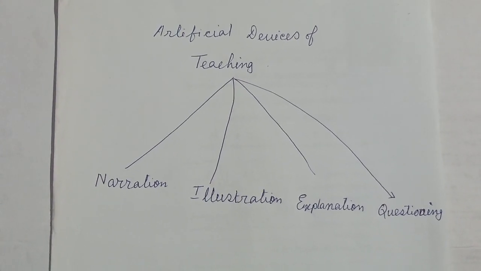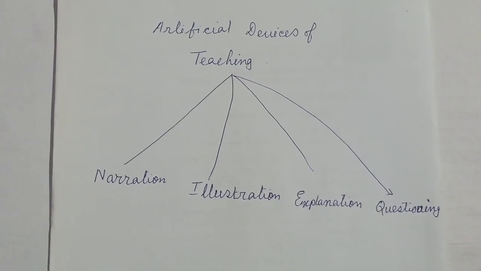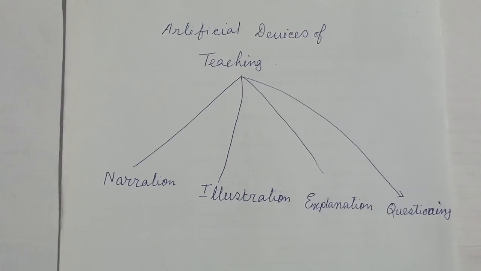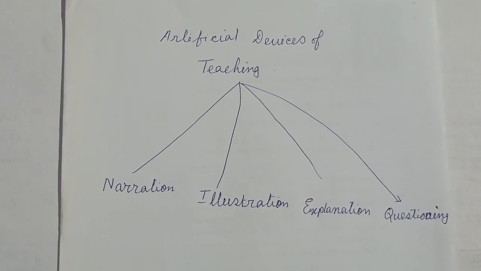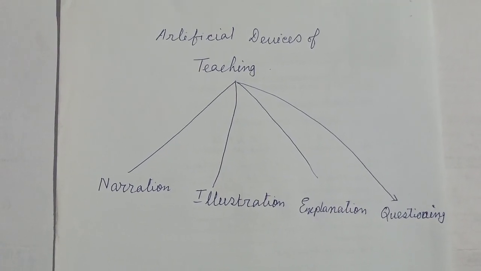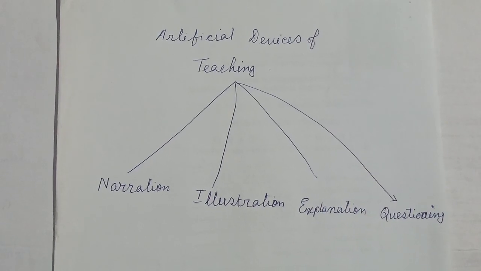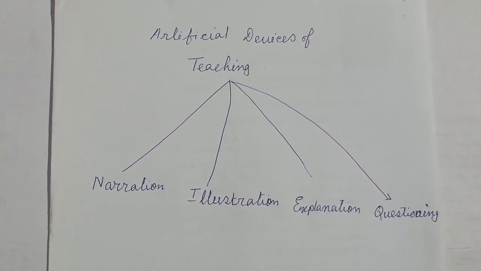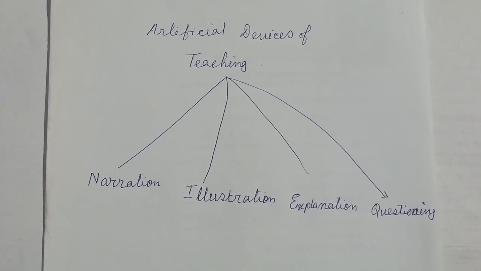Actually, devices are the external mode which help in the teaching learning process, which make our teaching effective, which make our teaching learner oriented. Dear learners, it is a very minor as well as very deep concept to understand the topic called devices of teaching.